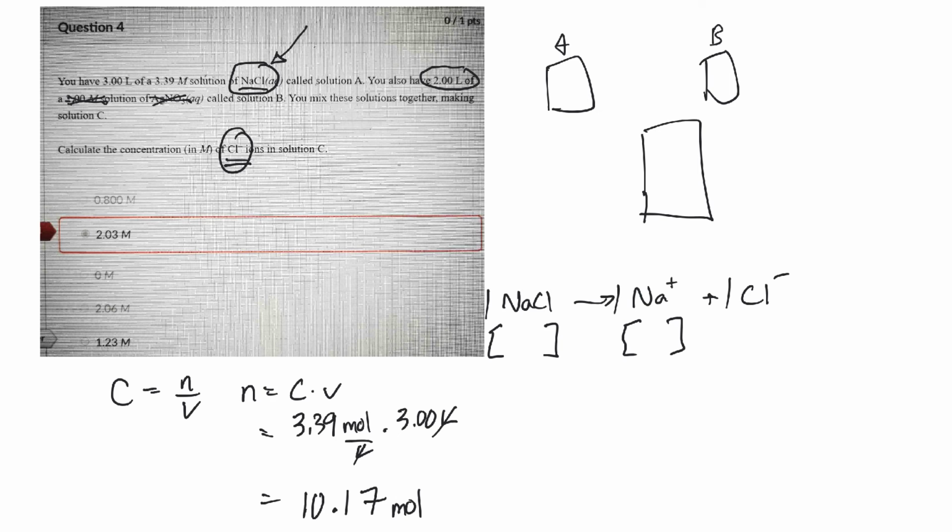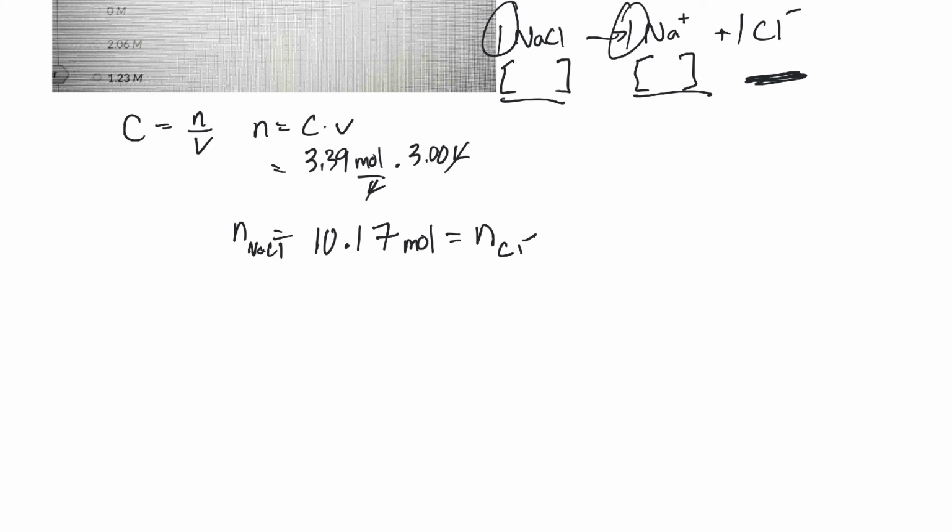Since it's 1-to-1, this is the number of moles of sodium chloride, but it's also equal to the number of moles of chloride ions. And that's what we're looking for, the concentration of chloride ions. So I have the number of moles of chloride ions, so now I can figure out its concentration.